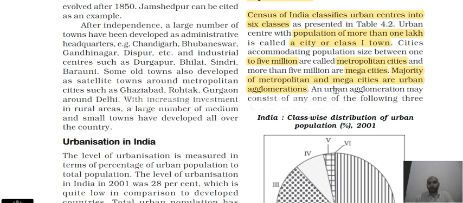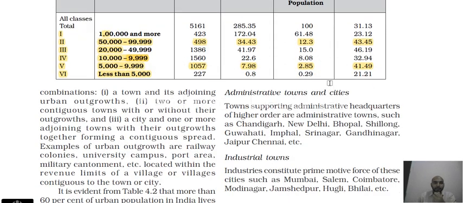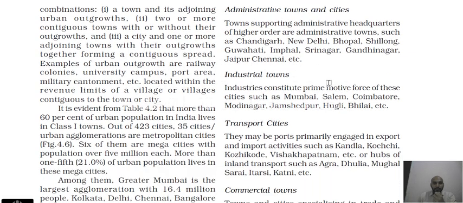So when we are talking about urban agglomeration, how can we identify that a place is an urban agglomeration? There are three identifications you can use. First is a town and its adjoining urban outgrowth.